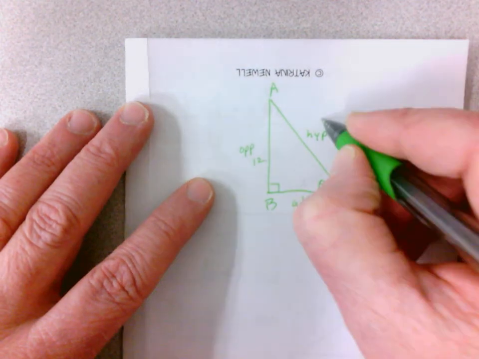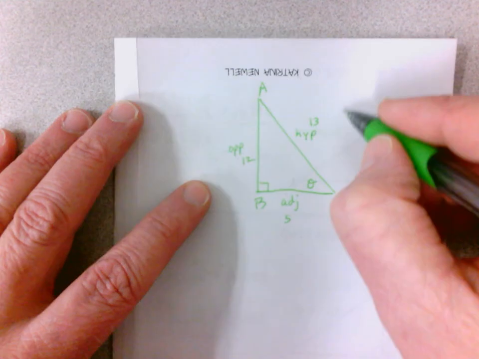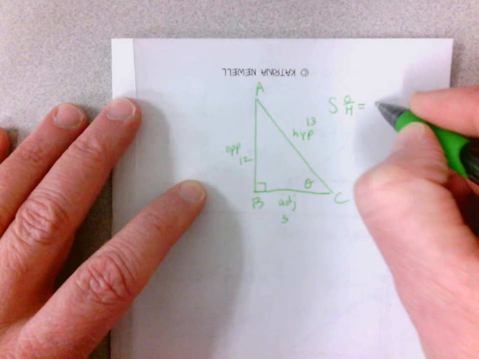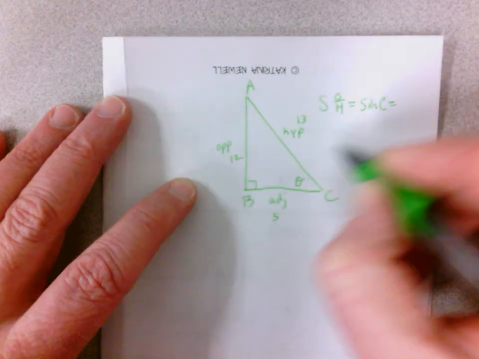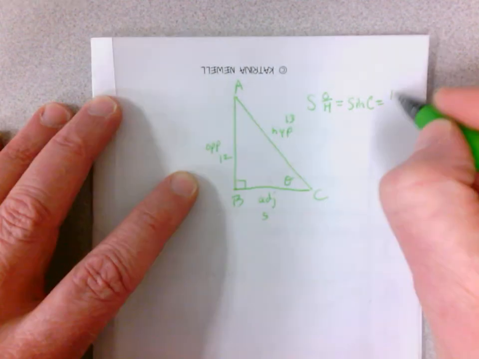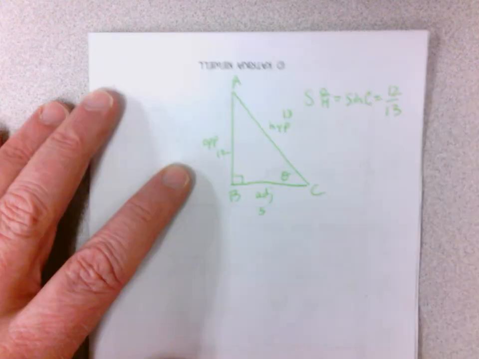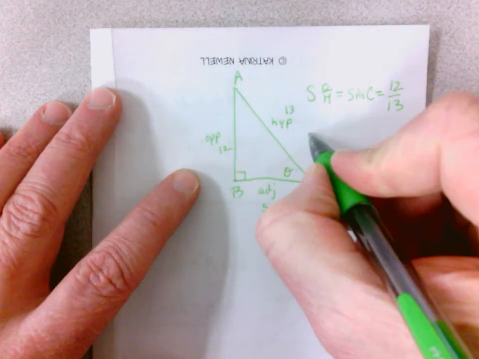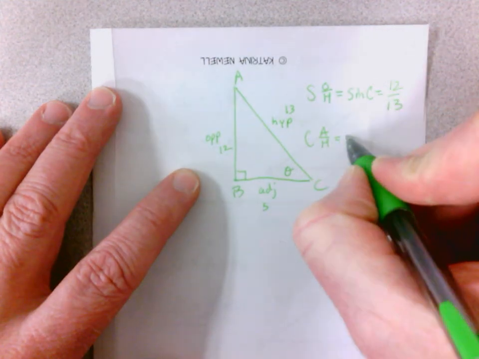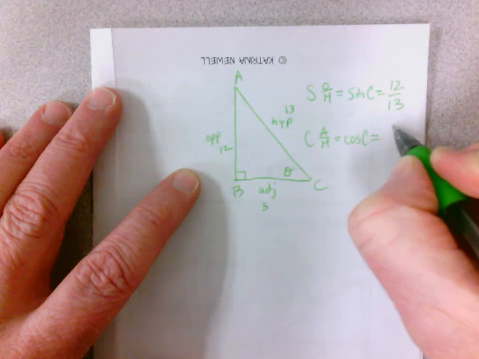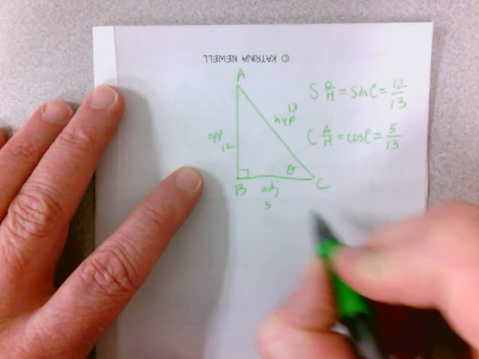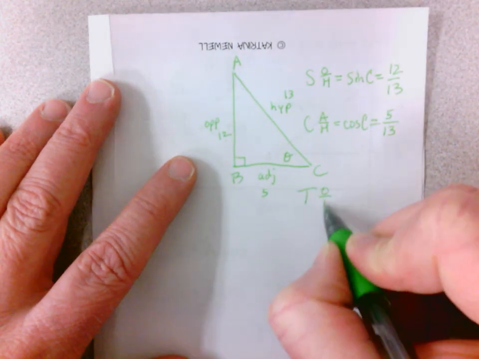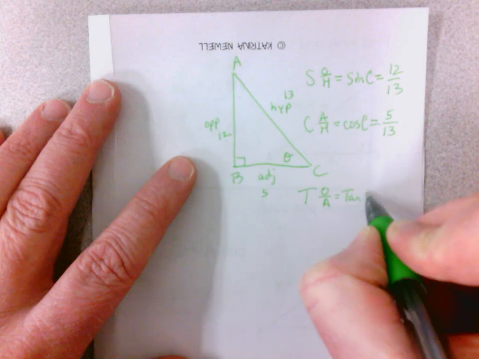So the sine, SOH, of angle C would be 12 over 13. The cosine, CA, would be the adjacent over the hypotenuse, and the tangent, TOA, of C would be the opposite over the adjacent.